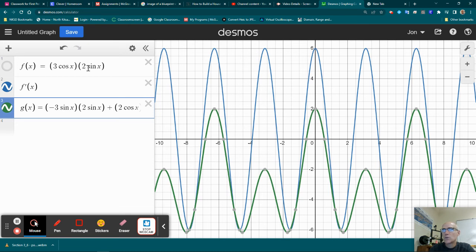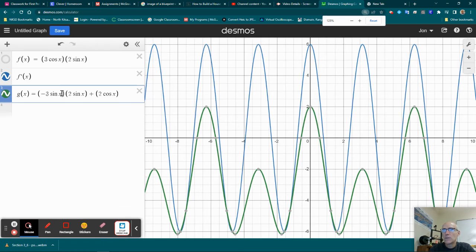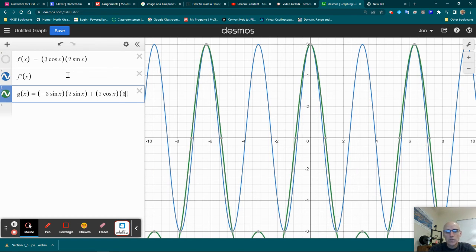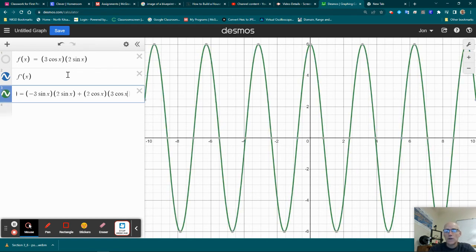Now I'm going to take the derivative of the second function, zoom out here if I can. There we go. And I'm going to multiply the derivative of the second function times the first function left alone. So let's see, 3 cosine of x, and holy moly, they line up perfectly right on top of each other.